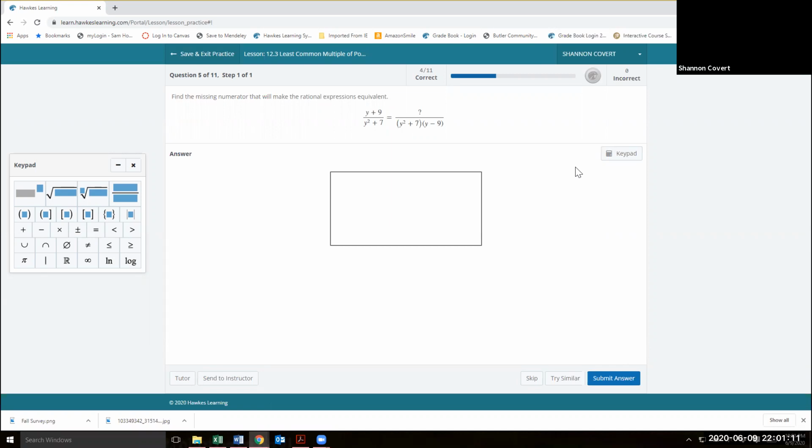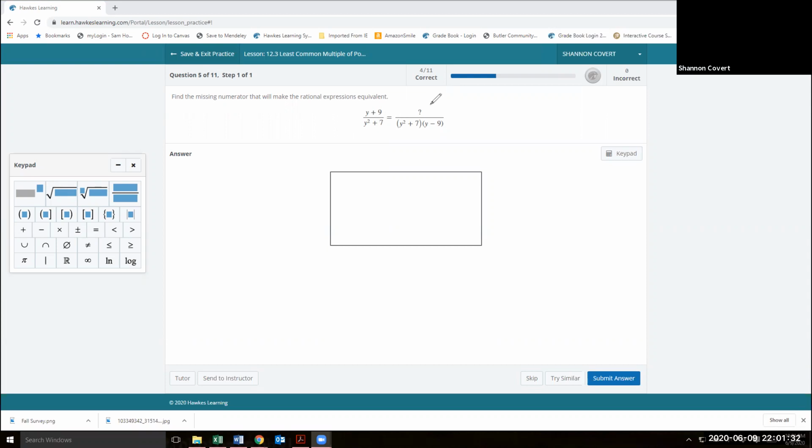And here is our next problem. Once again, find the missing numerator that will make the rational expressions equivalent. Find the commonalities. So when you're looking at it, you're looking for what's in common. On the left-hand side, I have y plus 9 over y squared plus 7.